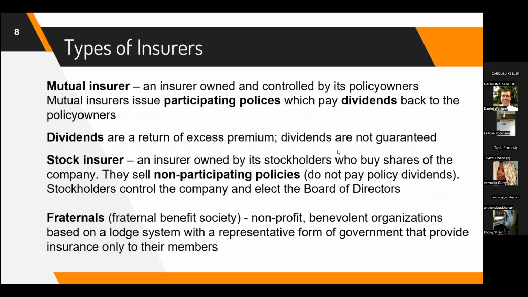A mutual insurer is an insurer that is owned and controlled by its policy owners. Mutual insurers issue participating policies, which pay dividends back to the policy owners. So mutual, participating, and dividends all go together. Dividends are a return of excess premium. What are they?